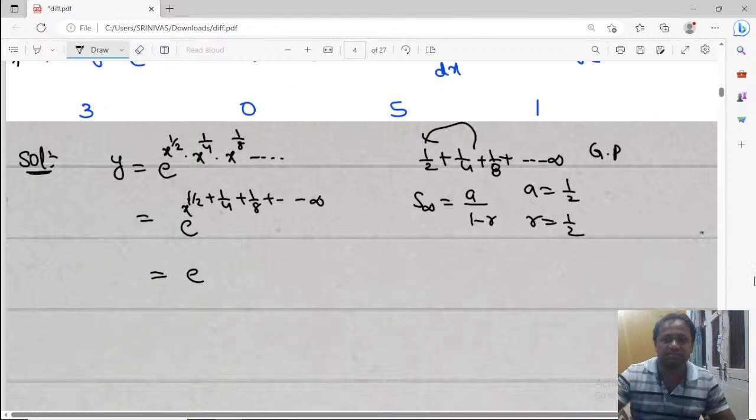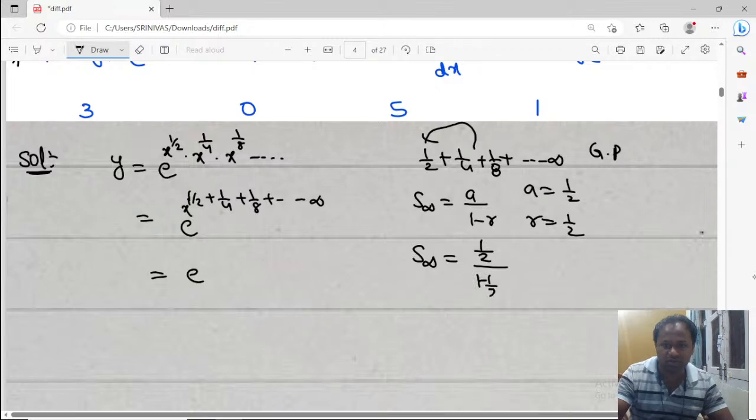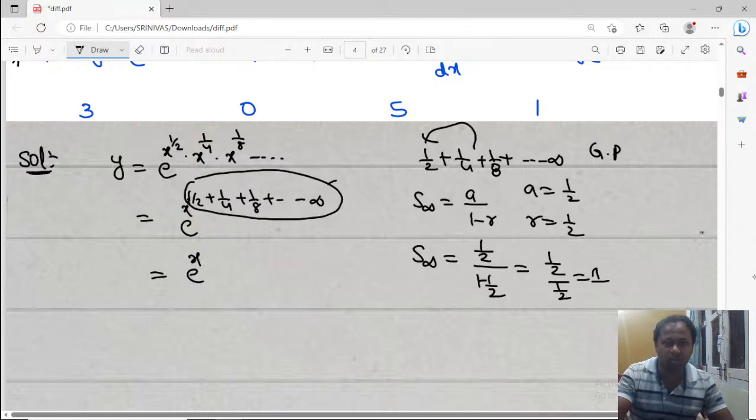Substituting this, S infinity is equal to 1 by 2 divided by 1 minus 1 by 2. So what we get? 1. So e power x we get, this total value will be equal to 1.